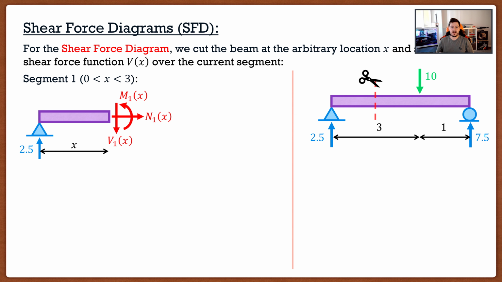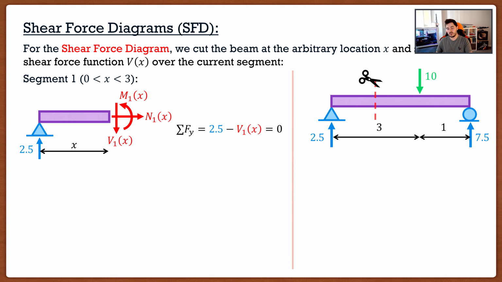Now from here, it's actually rather simple. All we have to do is solve for these internal forces. And if we look here, we have 3 equations and 3 unknowns. So things are actually pretty simple. If I were to go summation of forces in the vertical direction, I know that I have 2.5, which is my support reaction going upwards, and then I have minus V1 of x. Now, why is it negative?